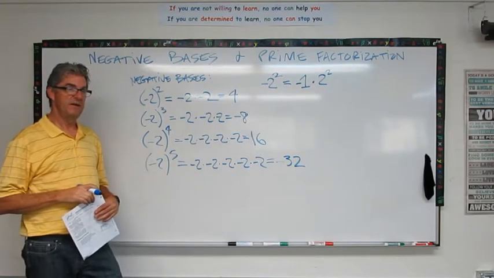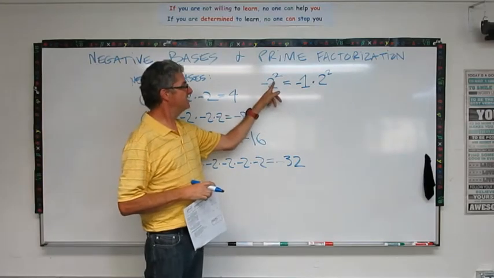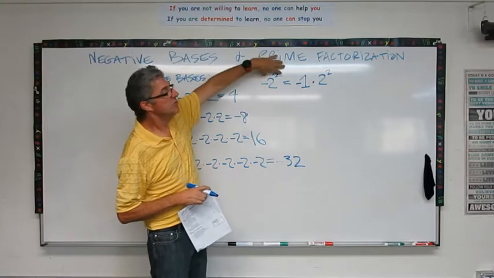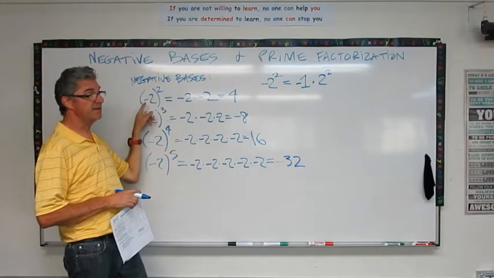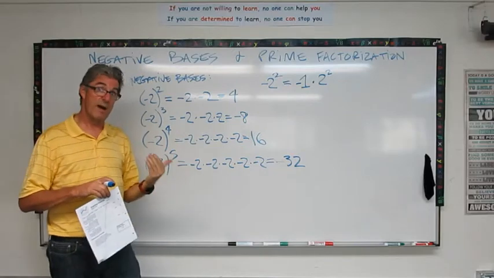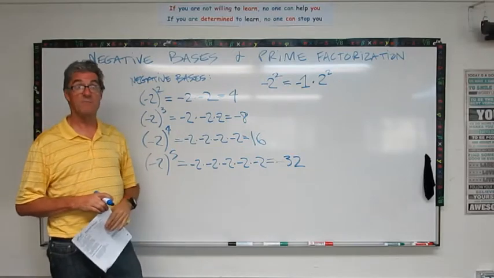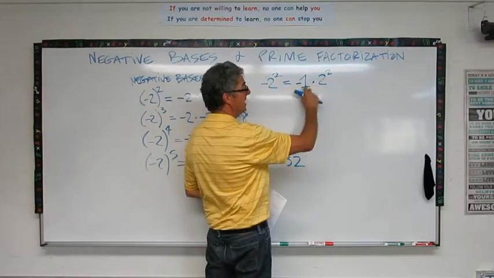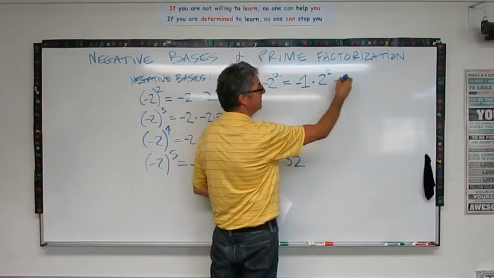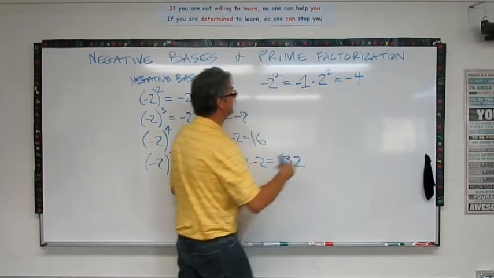Okay? The negative is not included inside the parentheses for the power to operate on. And if you remember your order of operations, exponents come before multiplication. So in this case, we square the 2 and then we multiply by negative 1.